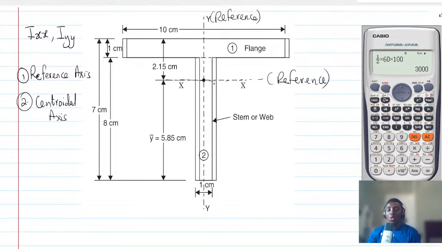So if you have been asked to find the second moment of area about this figure, what we are going to do is first of all find what we call the parallel axis theorem.